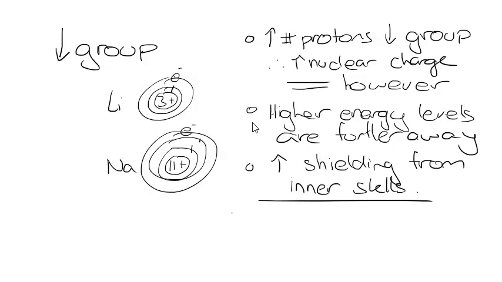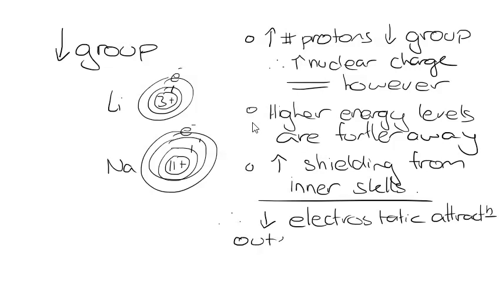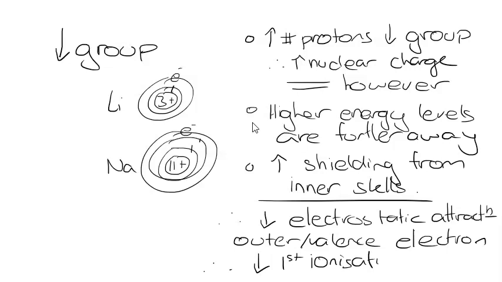We would say, therefore, there is a decrease in electrostatic attraction for the outer electrons, or valence electron. Because that electrostatic attraction is decreasing, the first ionisation energy will decrease. So that's how we would explain the first ionisation energy going down a group.